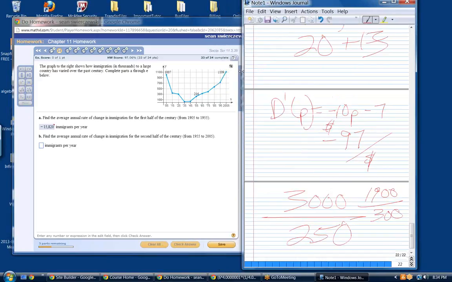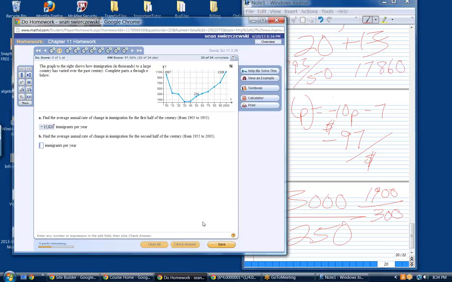Use a calculator? 893. And what's 893 divided by 50? 17.86. So 17,860. And it's a plus. Yep, because it's growing.